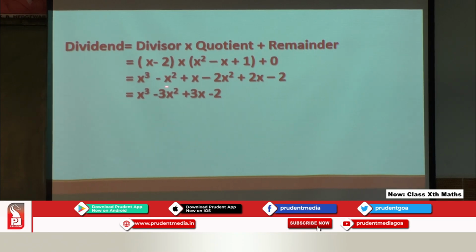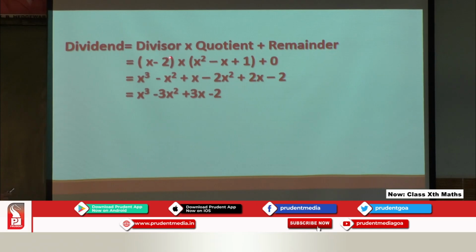So the first term of this we should multiply by the entire term. x into x square is x cube, x into minus x is minus x square, and x into 1 is x.